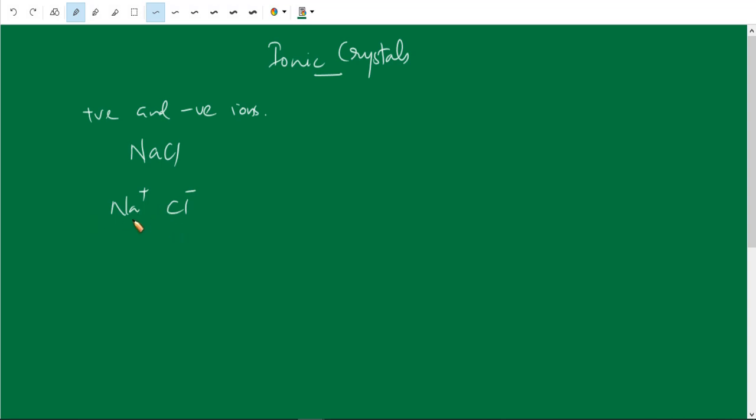Now let us talk about the electronic configuration of these ions. The important thing is that in NaCl, the electronic configuration of Na plus and Cl minus is similar to that of the inert gas atoms. That means they have closed electronic shells; the outermost shell is closed. Let us see neutral Na.